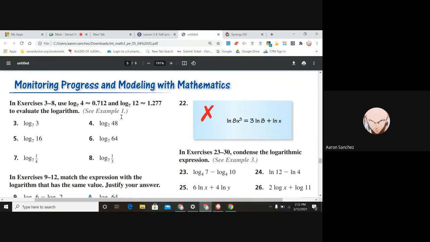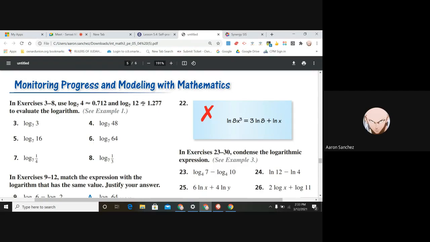Okay. Let's look at number 3. Now, this is really weird. Let me show you what they mean by this. They're telling you that log base 7 of 4 is approximately 0.712 and log base 7 of 12 is approximately 1.277. I'm writing it up here, I know I'm not presenting, I will present in just a second. I'm just copying it off.